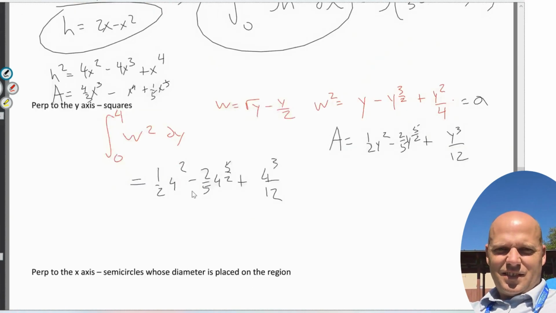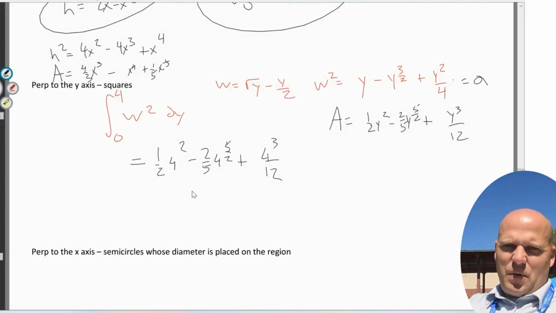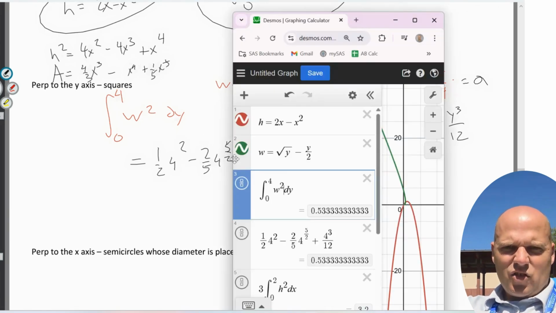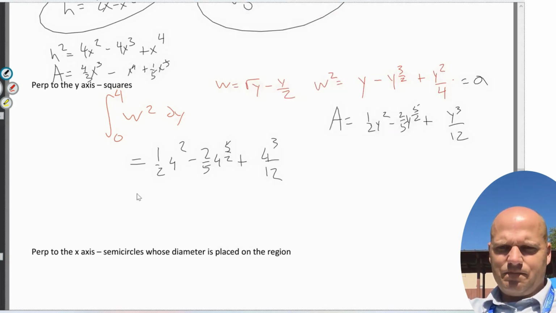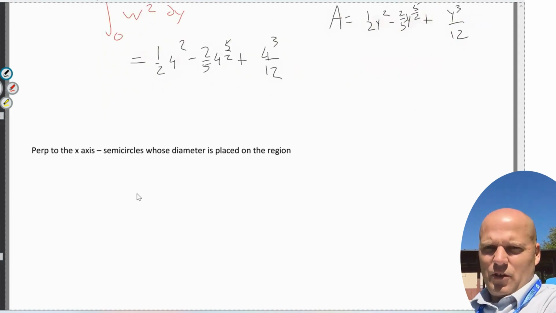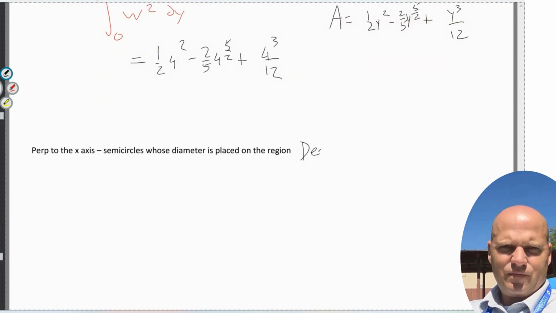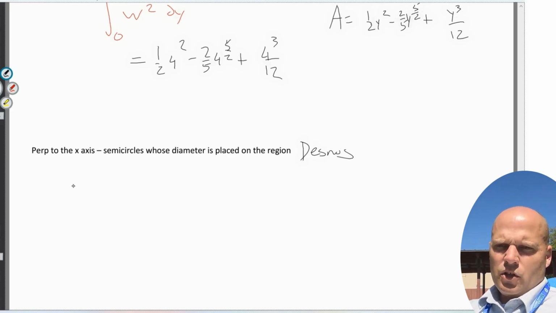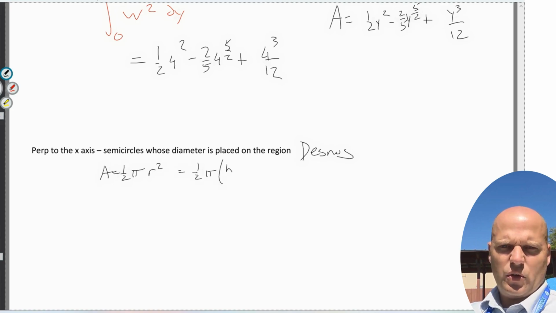All right. So there you go. There's your answer two different ways. Using your calculator, sum up your W squareds. You got it. Yeah, definitely using decimals. I'm not going to do this. So semicircle's area is a half pi r squared. R squared is going to be my h over 2.